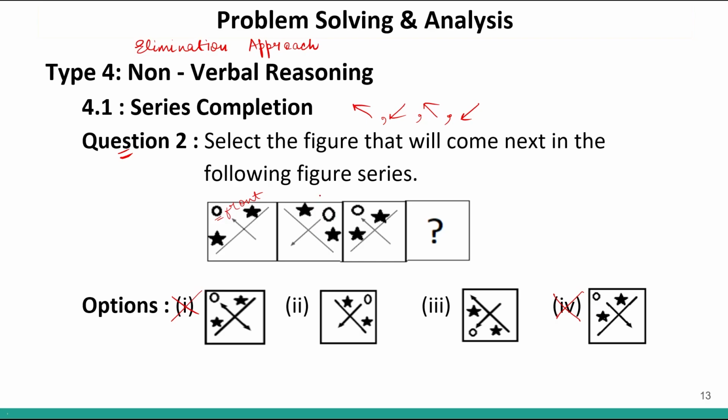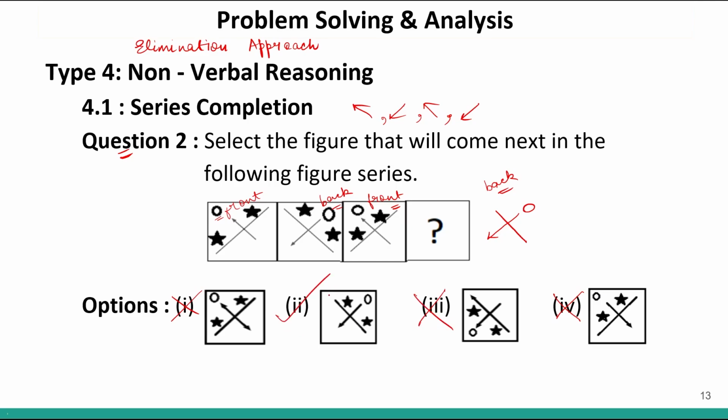Over here, the circle is at the back of the arrow. So next, we will get the circle in the front of the arrow here. Then in the next figure, let me draw it like this. This will be like this. In the next figure, the circle will be at the back of the arrow, so the circle will be over here. So option number 3 is eliminated, and our answer will be option number 2.